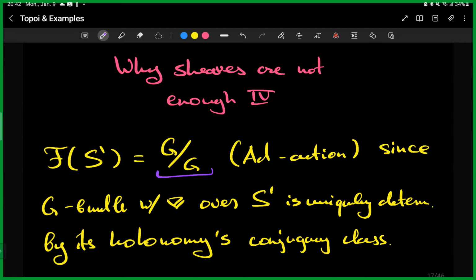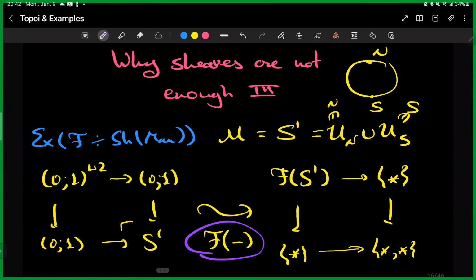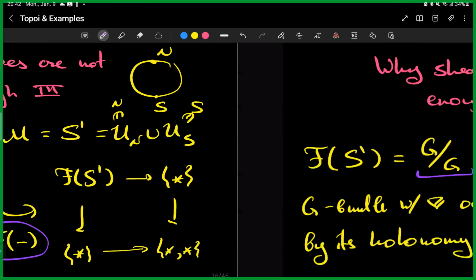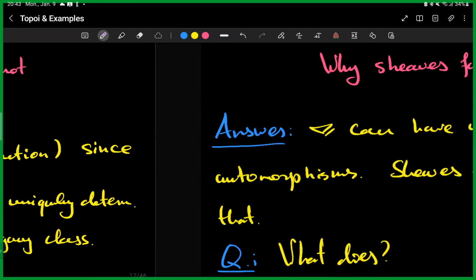And obviously, the set of conjugacy classes in a Lie group is not the same as this pullback. So we have a problem. It's not a sheaf. However, there is a way to fix things, but let's first understand what went wrong. So why isn't it a sheaf?